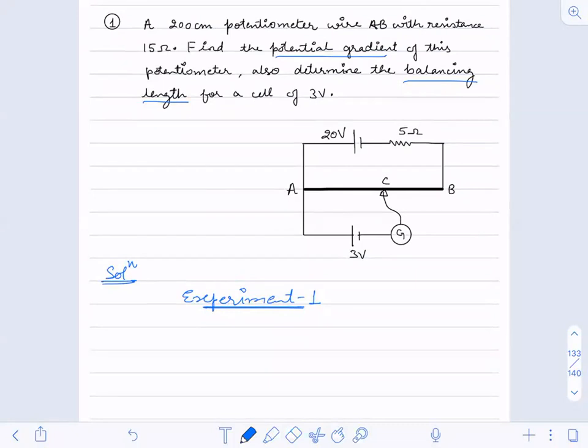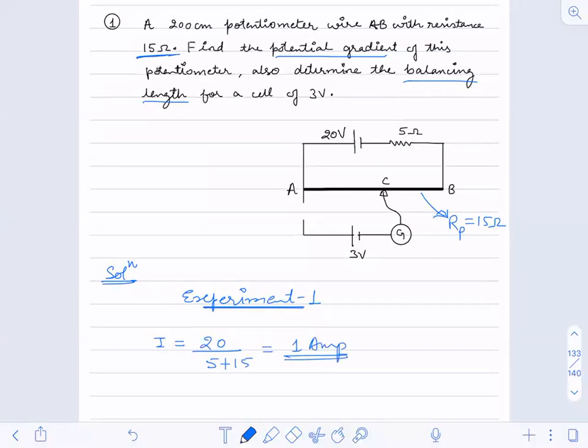First we have to open this from here. If you remember, there is no connection, and then you calculate the current value. The current will be 20 divided by 5 plus the potentiometer wire resistance, RP, which is 15 ohms. So 20 divided by 5 plus 15 becomes 1 ampere.